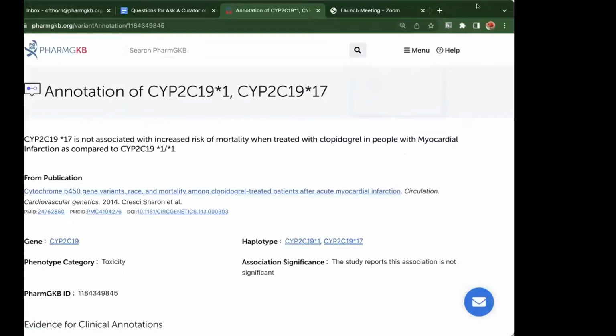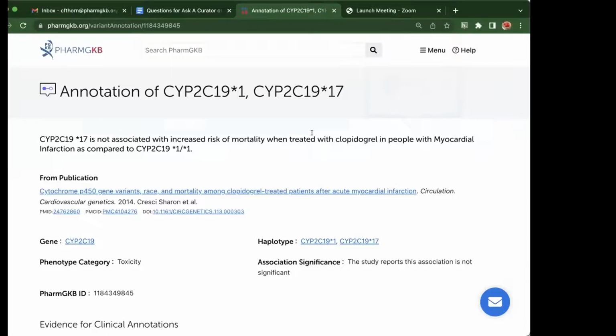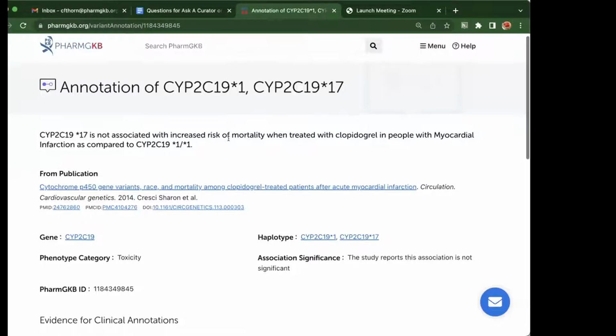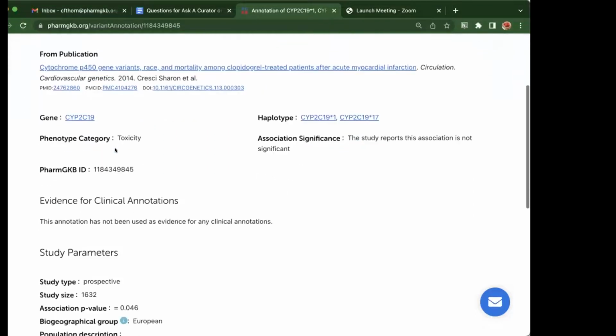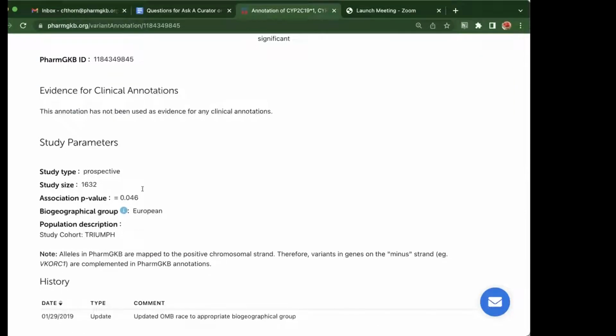So from a paper, an individual relationship that a curator has extracted from the paper, you've got the link to the paper, that this particular haplotype, oh, I picked a bad one because this one's not associated, but you've got a phenotype, the direction of the effect, the drug, and the type of patient group, and then actual details about the patient group.